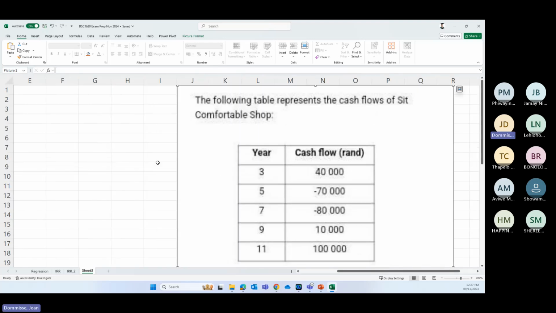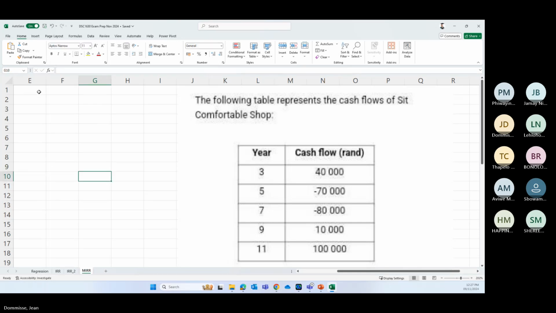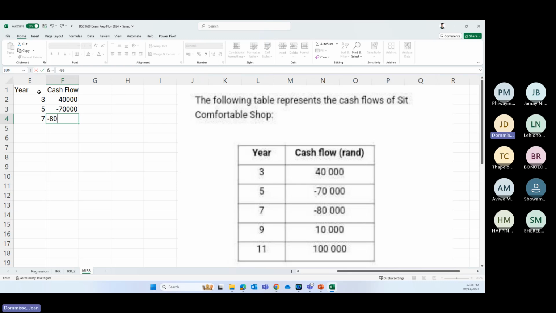So let's first see. We've got, and again, it will be interesting to just see the cash flow if we don't put in the other years, what we get. Because again, we're skipping years 1, 2, 4, 6, which sometimes Excel would not recognize that we're doing.